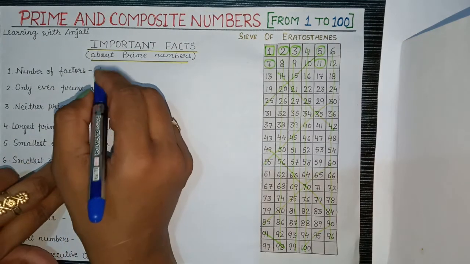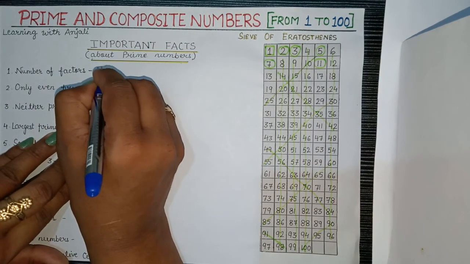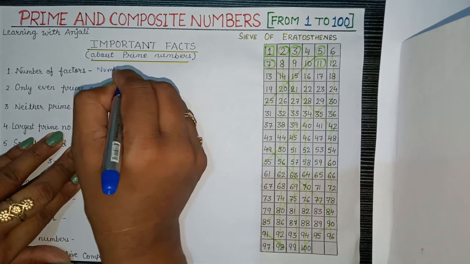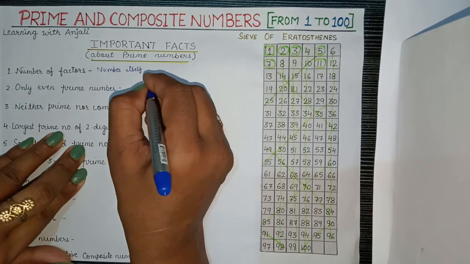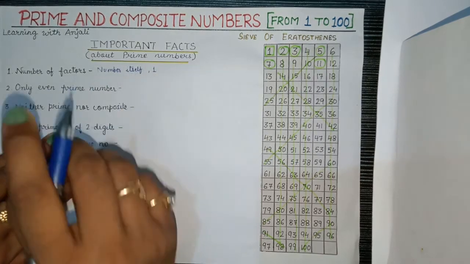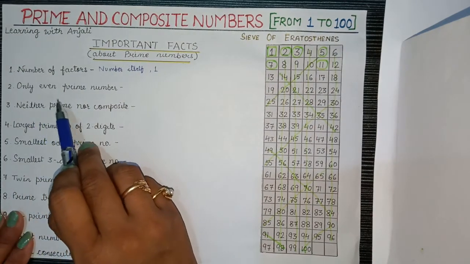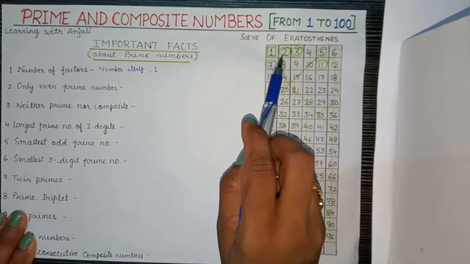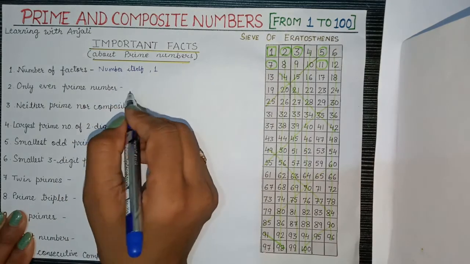For example, number itself, and 1. Okay. Now, only even prime number. Which one is the only even prime number? Only 2. 2 is the only even prime number.